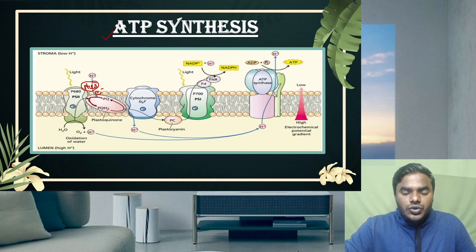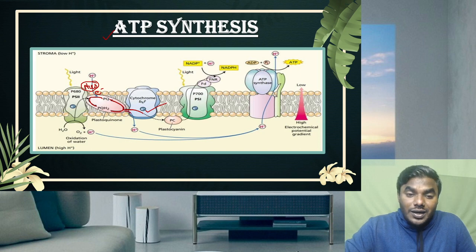Then PQH2 won't keep the electron; it passes the electron to cytochrome B6F. Upon passing the electron, PQH2 is oxidized back to PQ. The electron is sent, no problem. Then what about the proton? The proton is released into the lumen.